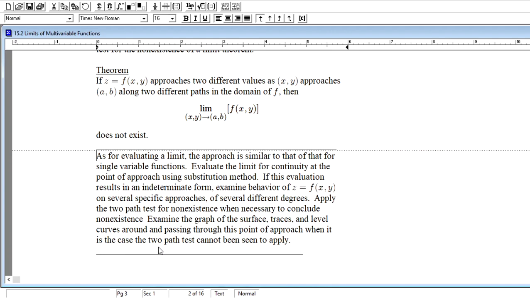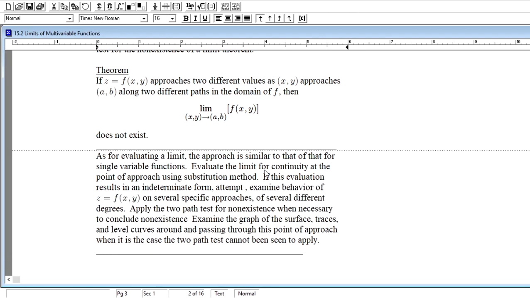Let me dip into the background here and let you copy down this note. But that is what I say here, folks, in a paragraph. Now, I do see one thing I want to add in here. If the evaluation results in an indeterminate form, I want to put in maybe a statement here.